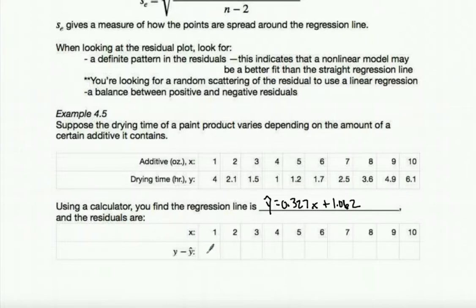Okay, then it asks us to find our residuals. To find our residuals, for x equal to 1, our y was 4. Our predicted y, actually I'm going to have to work this one out.